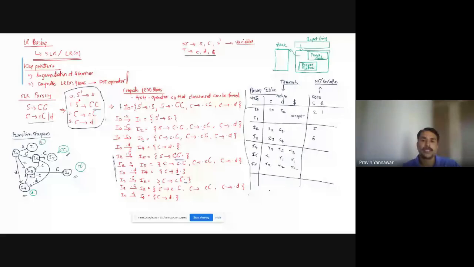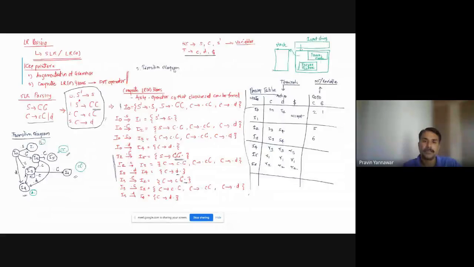So we need to go through the stages now. The key pointers: we need to go for augmentation of the grammar, then computation of LR items. Step number 3 is that we compute the transition diagram. This is our transition diagram.